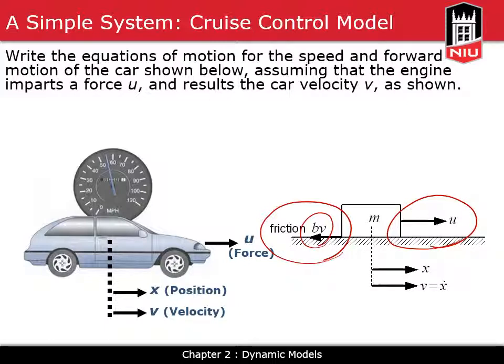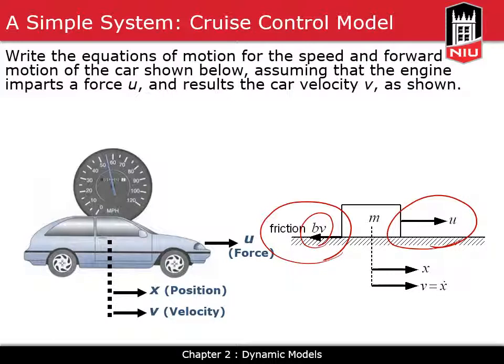Here we're going to pick a variable as an input to the system, what affects the system, and a variable as the output. So basically, we are talking about an independent variable and a dependent variable. U here would be an independent variable, applied on the car, applied on the system, and it affects the dependent variable, which could be either the position or the velocity.